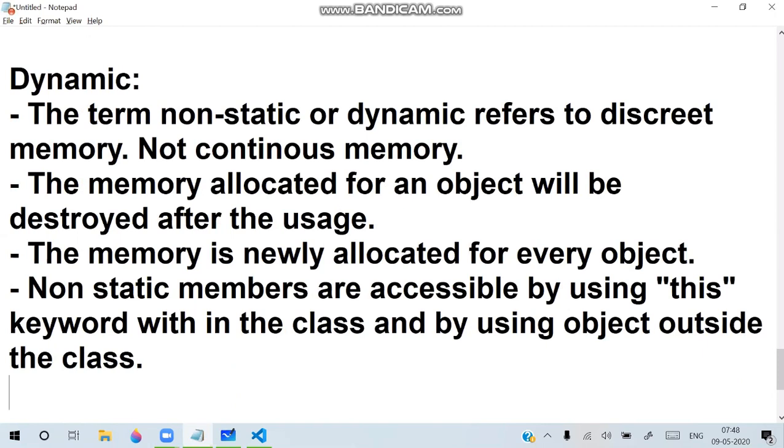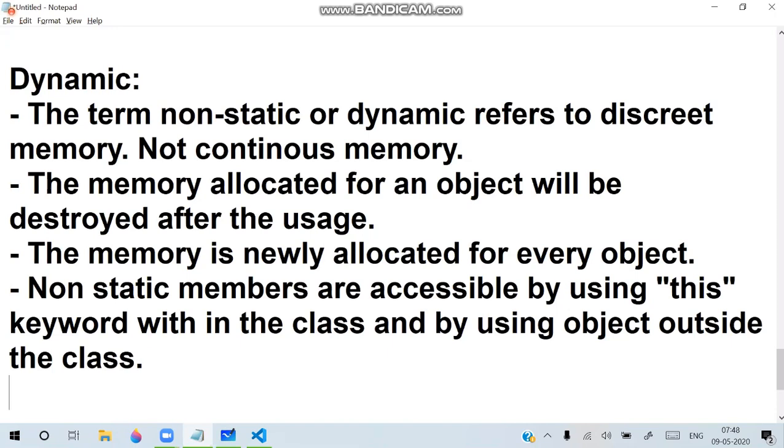So a static member is accessible only by class name, within the class or outside the class.